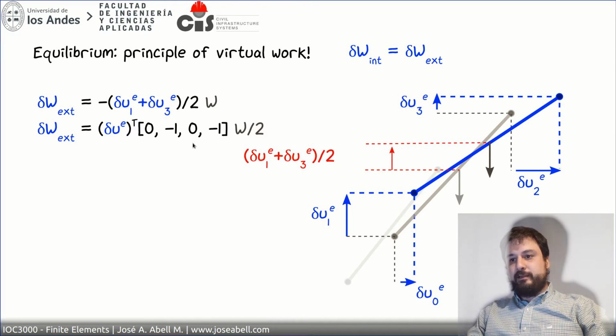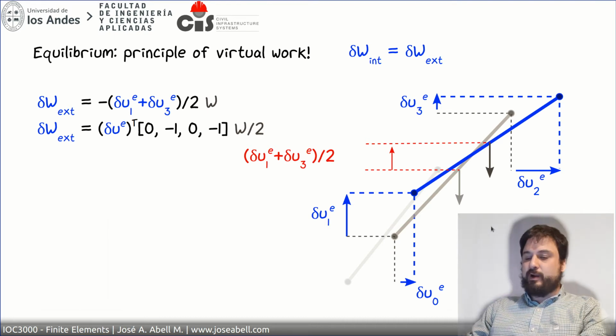Then you multiply by the weight, and that's a negative work, because assuming that these U1 and U3 are positive vertically and that the weight acts in the negative y direction, then the work of the weight is going to be negative. So you end up with an expression for the external work which looks like this.